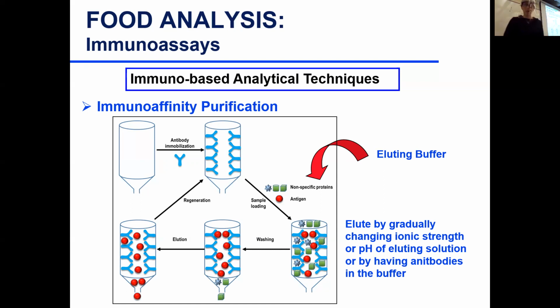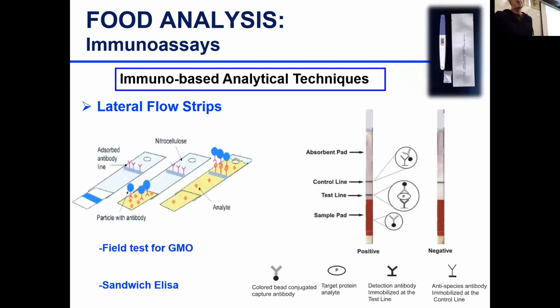Okay, chromatography again. This is a lateral flow strip. This is usually used in the field if we want to determine presence of GMO. So what happens, this is kind of similar to the pregnancy test. You have your antigen in your sample, in your liquid, and you dip your strip in.